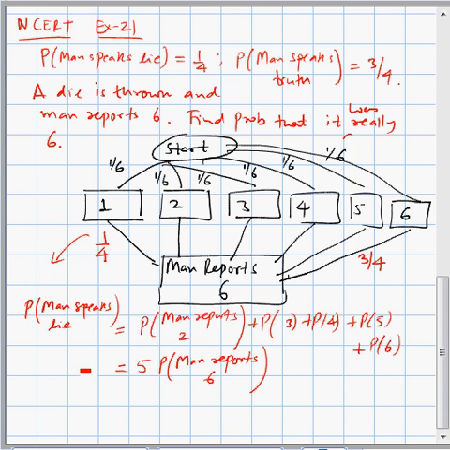This is man speaks lie. This is given 1 by 4. So this implies probability man reports 6, given that 1 occurred, is 1 by 20.